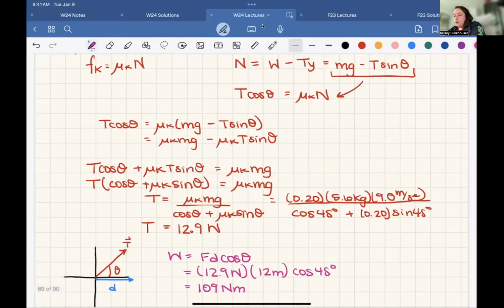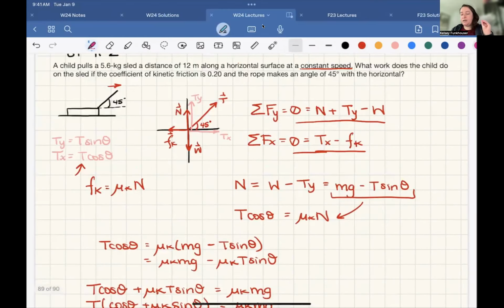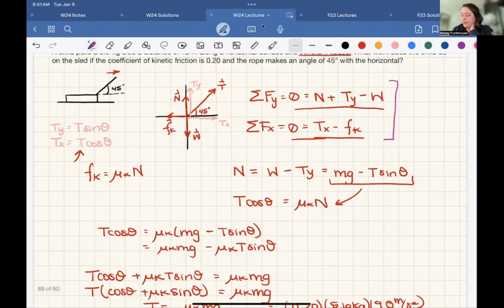So let's just quickly go back through what we did here. We did what we should be comfortable and familiar with, which is we drew a free body diagram of the situation. We got our forces, and we just solved for the tension. That was the thing we wanted, so we solved for it.